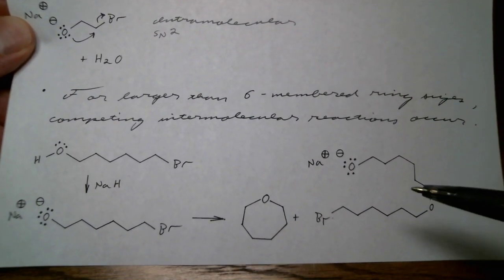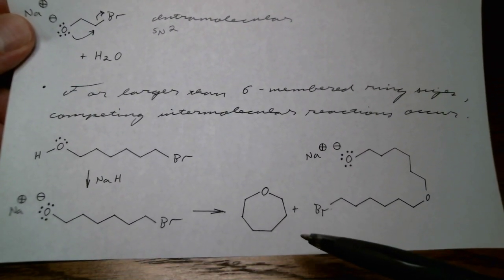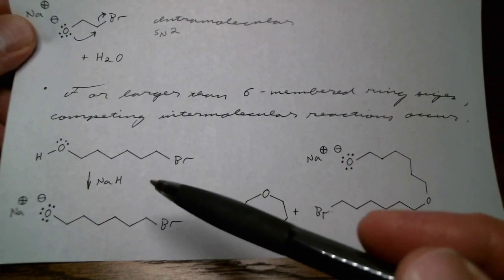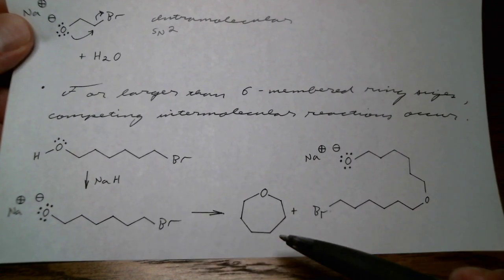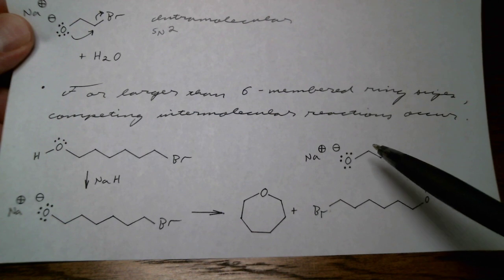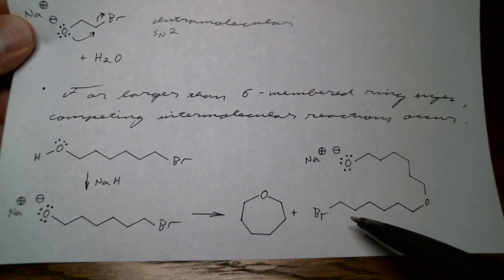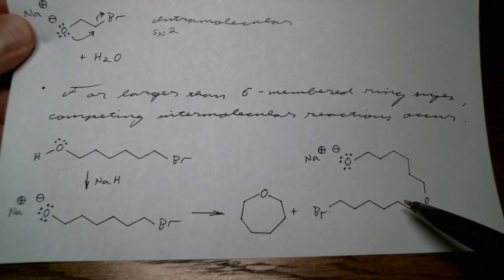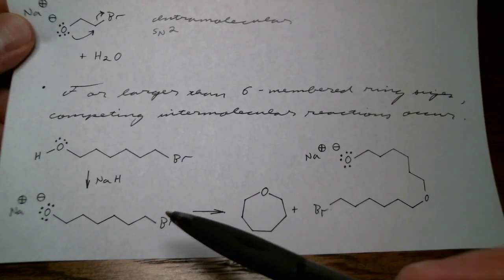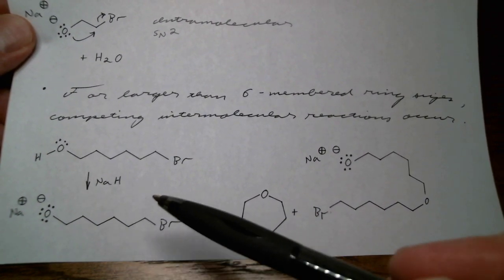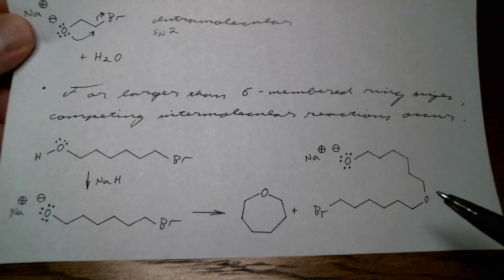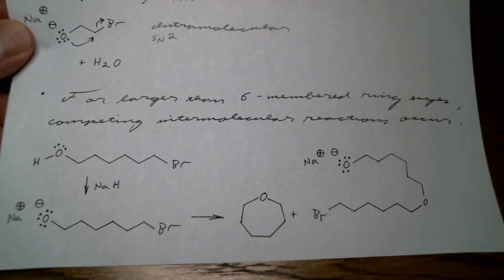For example, if we were to try to form the 7-membered ring, it would be slow. Even though it's an intramolecular reaction, we could have an intermolecular reaction byproduct, which would be one of these reacting with another one of them to give us this product. How do we fix that?